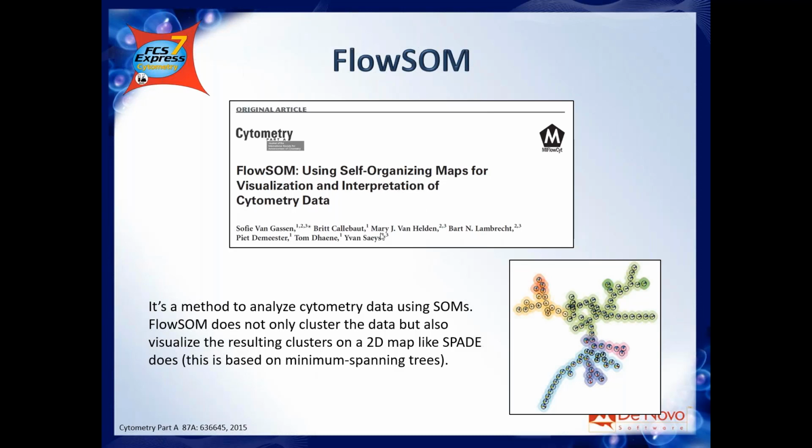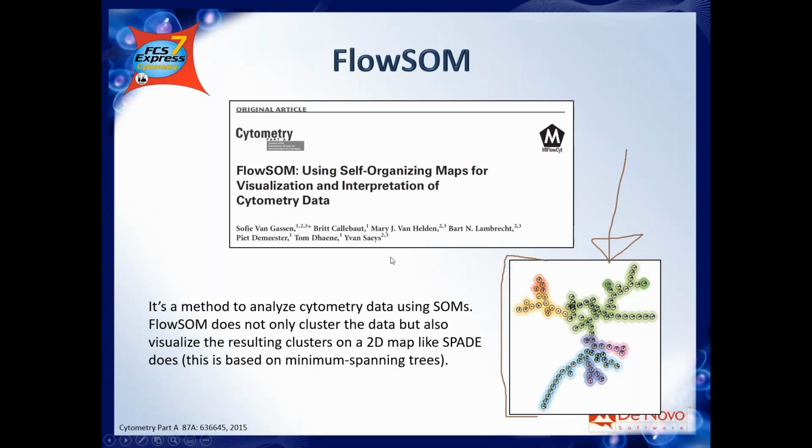And what FlowSOM is doing is also representing in a very nice way all the nodes. Those are all the 100 clusters generated by FlowSOM in a 2D tree-like representation, which is pretty similar to SPADE. Actually, the calculation is the same. It's a minimum spanning tree.